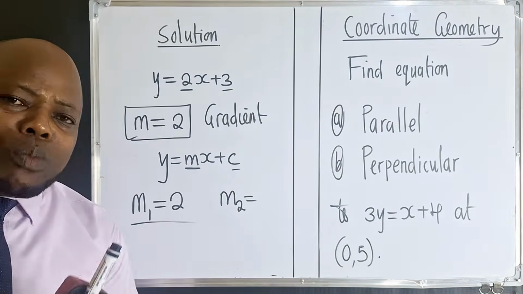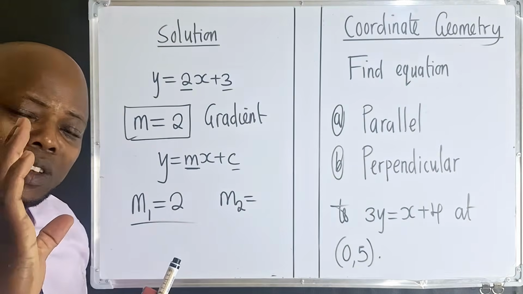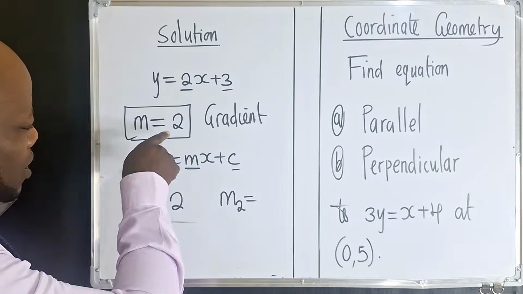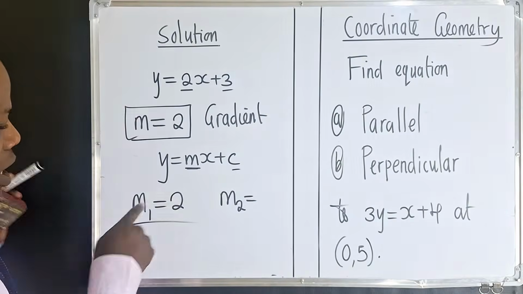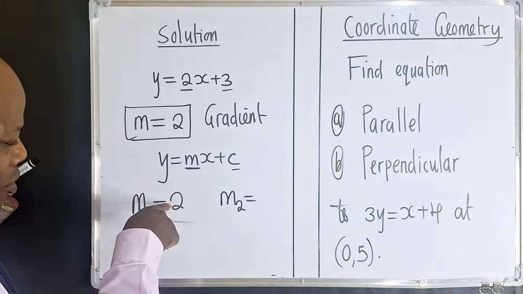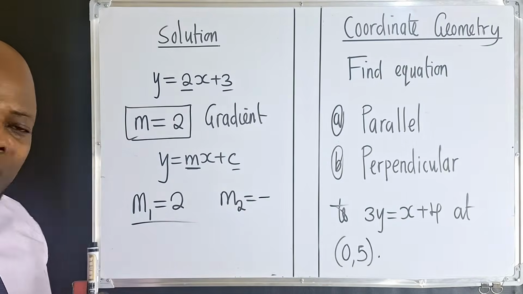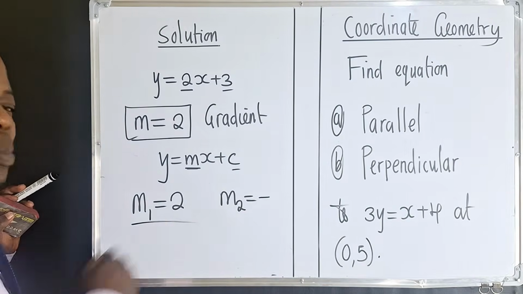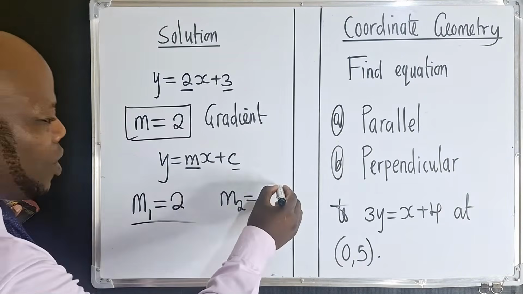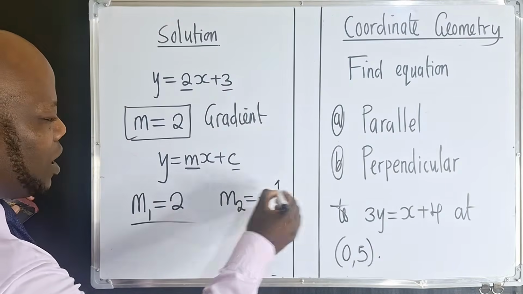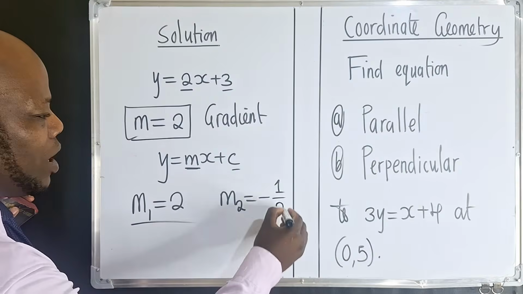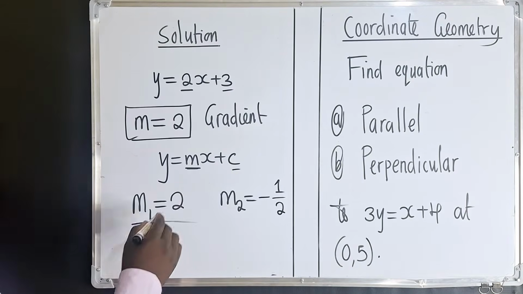For M2 to be found, I'll show you 2 ways. Number 1, just look at the original, which is this one. Check the sign. What sign do we have here? It's positive. Change the sign to negative. If it was negative, take it to positive. And then you write 1 over 2. Let me show you.